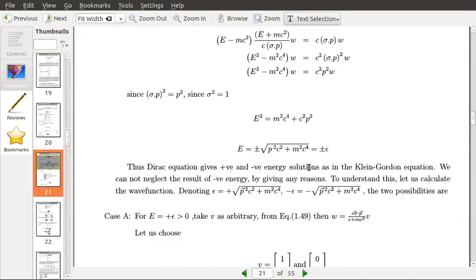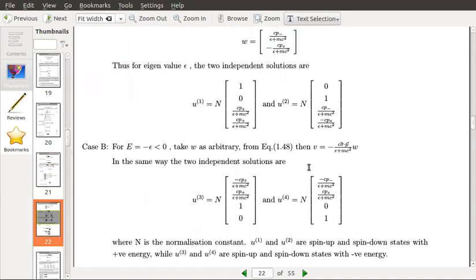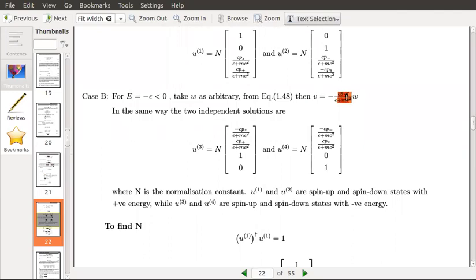You have to take care here, this minus will come: V equal to minus something, where the denominator is epsilon plus mc square. Again, no problem of the denominator becoming 0. The denominator is always positive. That is required, otherwise division by 0 will come.